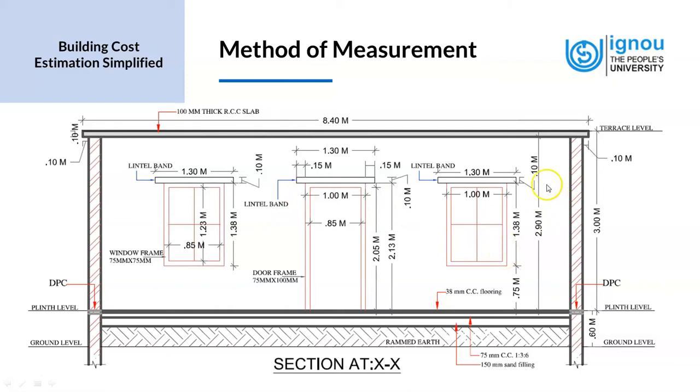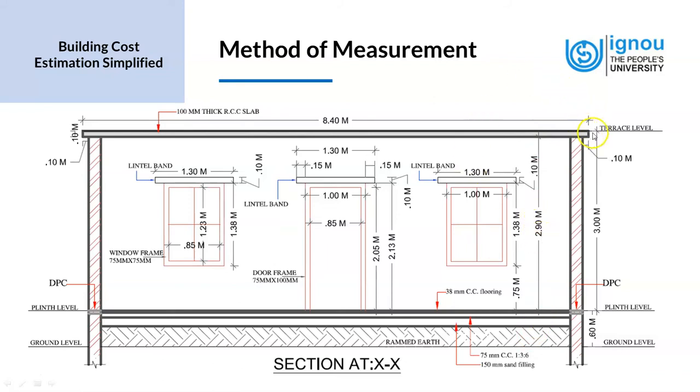Now, one important piece of information that we have from this drawing is the internal clear height of the room from the floor level. We see the dimension 2.9 meters, which is from the bottom of the roof slab to the top of the floor level. That's 2.9 meters.